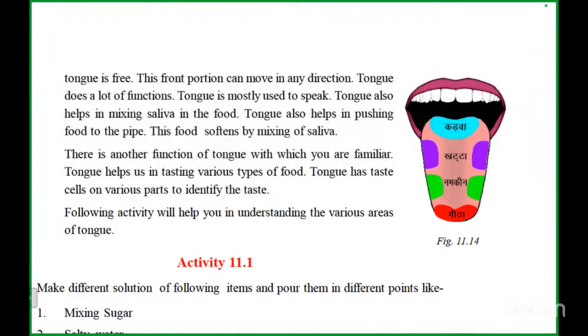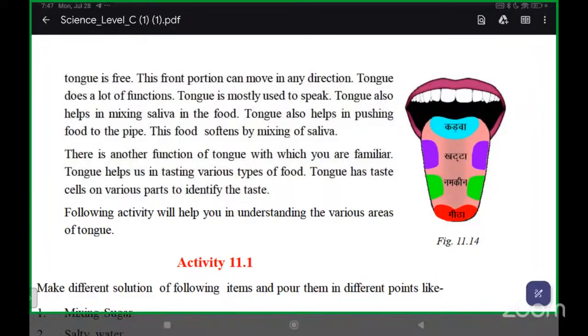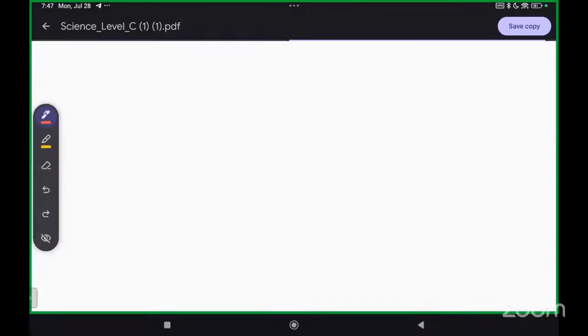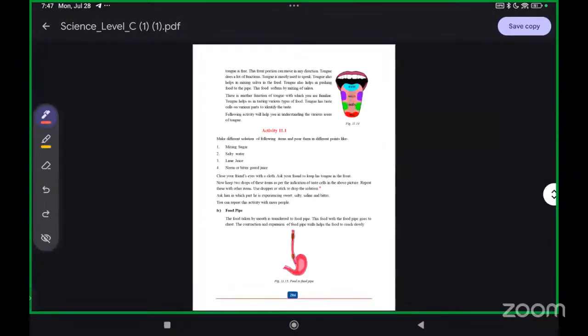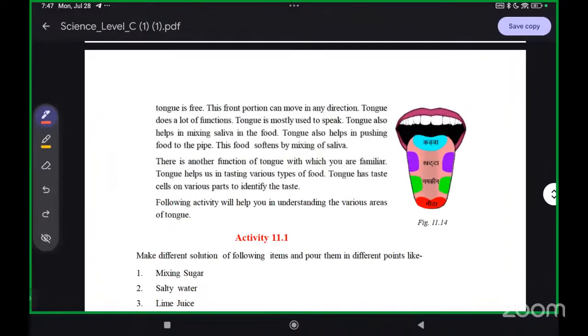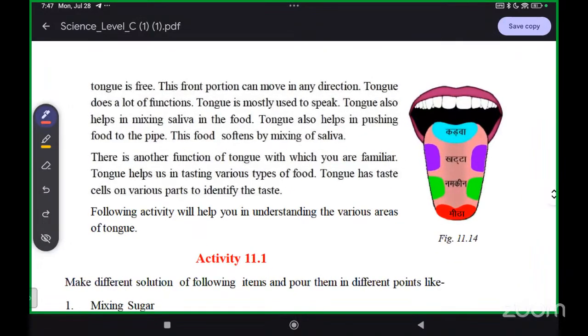Then you have the sour taste buds, and at the back, here in blue, you have the bitter taste buds. Another function of the tongue with which you are familiar is that it helps in tasting various types of food. The tongue has taste cells on various parts to identify the taste.